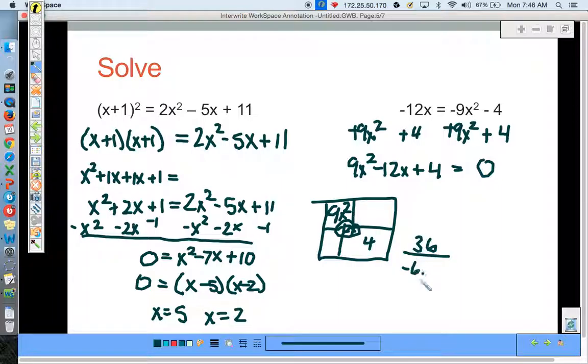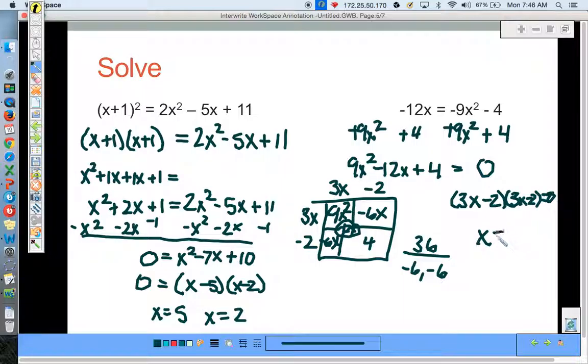Well, I know that's going to be negative 6 and negative 6 to give us that 12, so negative 6x. And let's see, the GCF of this top row is 3x, so 3x and 3x minus 2 minus 2. So we have 3x minus 2, 3x minus 2 equals 0, so x is 2/3.